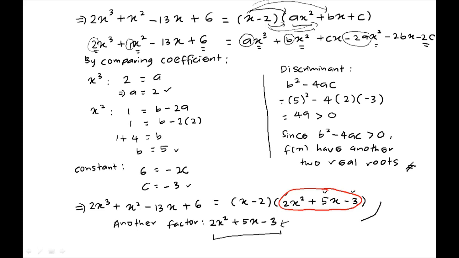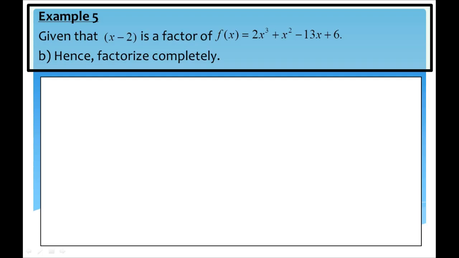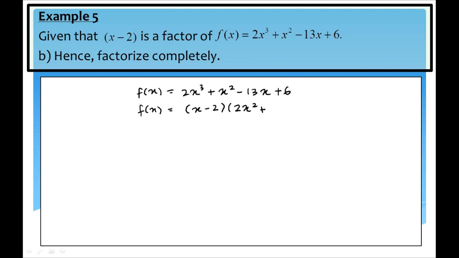Okay, so from here until here. Now proceed to example 5b. Hence, factorize completely. Since we have f(x) equal to 2x cubed plus x squared minus 13x plus 6, and just now we factorized x minus 2, we get the other factor is 2x squared plus 5x minus 3.